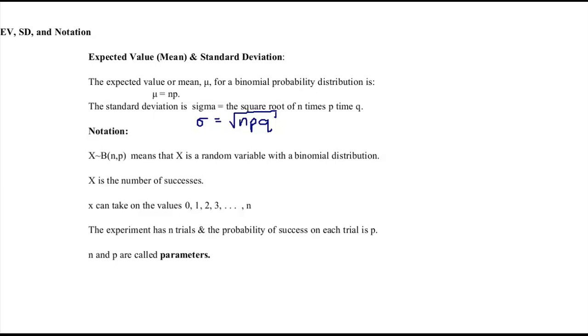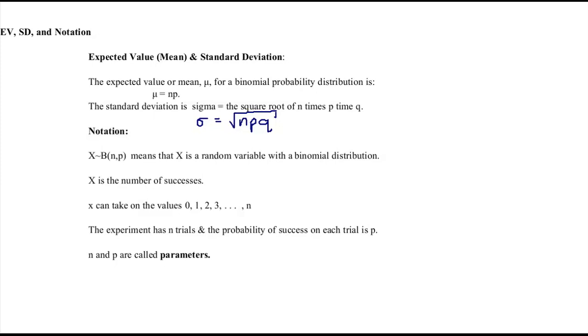The little x can take on the values, well, if you have n trials, you could have no successes in those n trials. You could have 1 success, 2 successes, 3 successes, all the way up to n, the number of trials. All of your trials could be a success. So those are the values your random variable can take on.